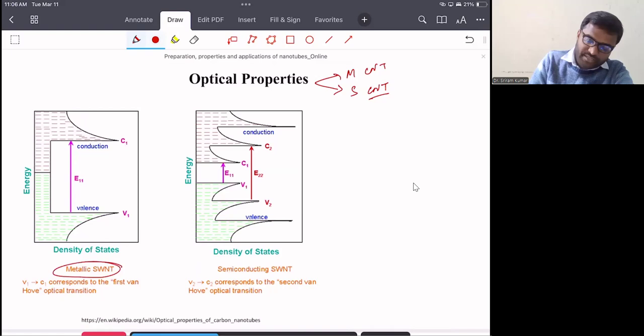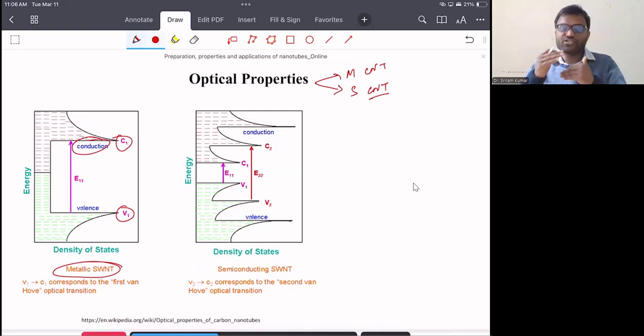In metallic CNT, we have a transition from V1, the valence band, to C1, the first energy level of the conduction band. So this transition from V1 to C1 in metallic single-wall CNT is called the first Van Hove optical transition.